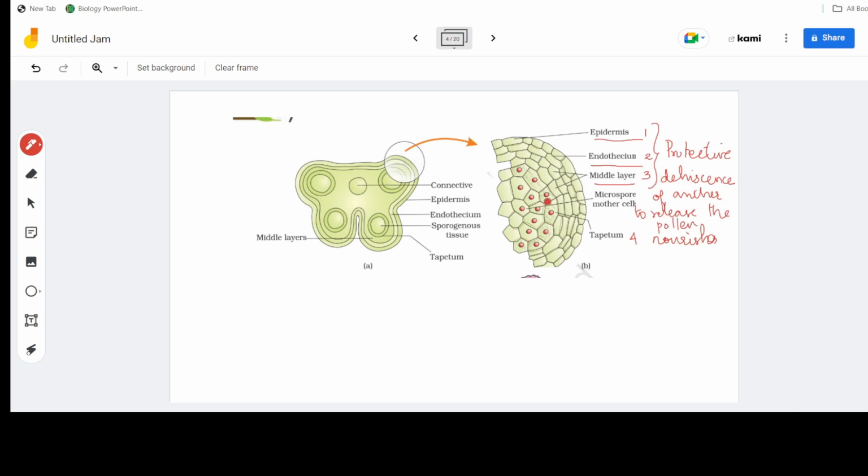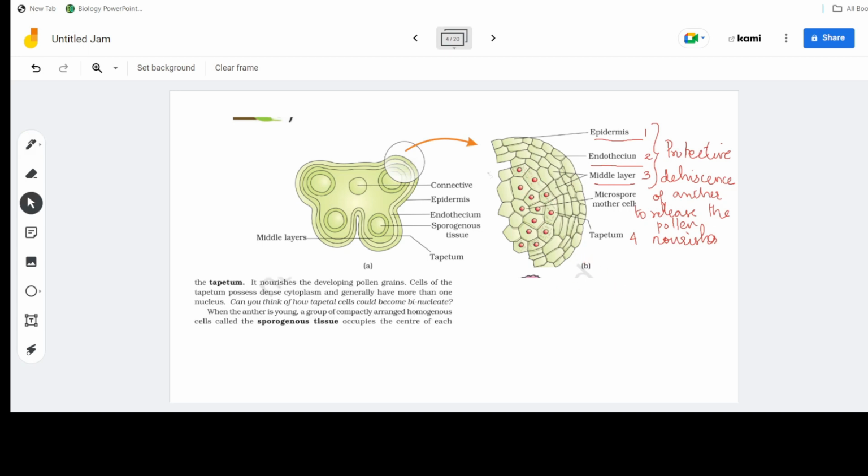Now if you look at the structure of the tapetum, it has a nucleus and dense cytoplasm. There is a possible question in your textbook in this chapter: can you think of how tapetal cells could become binucleate? The chance of tapetal cells becoming binucleate is that when the tapetal cells are formed, karyokinesis may not be followed by cytokinesis.